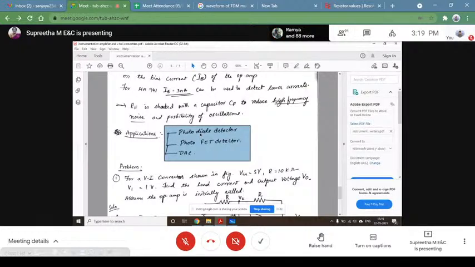For the V2I converter shown in figure, R is equal to 10 kilo ohms, Vin is 5 volts and V1 is 1 volt. Find the load current and output voltage.